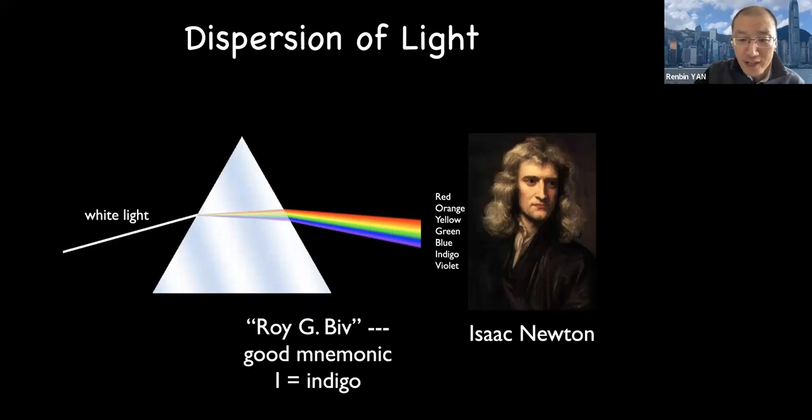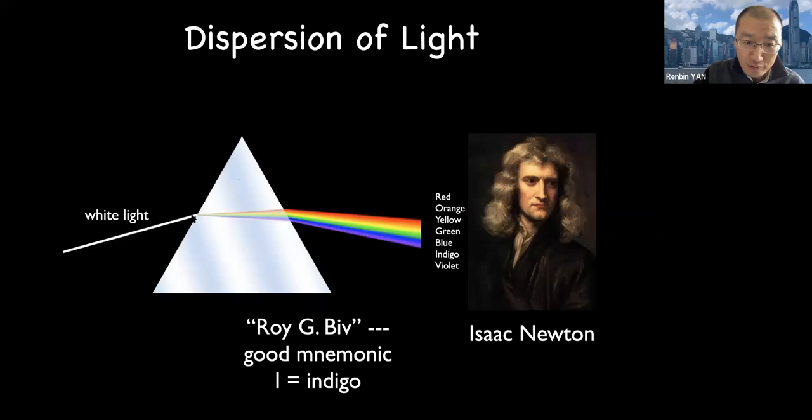So what is the true meaning of colors? It's just that they're electromagnetic radiation with different wavelengths. The red light has a longer wavelength than violet light, and they bend by different amounts in the glass.